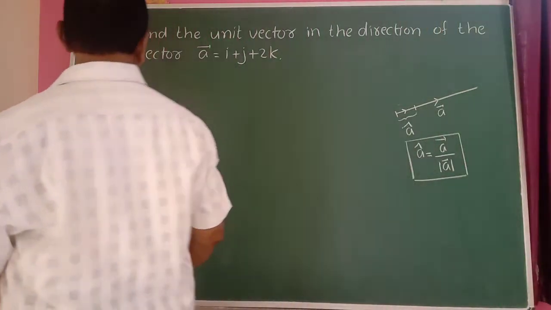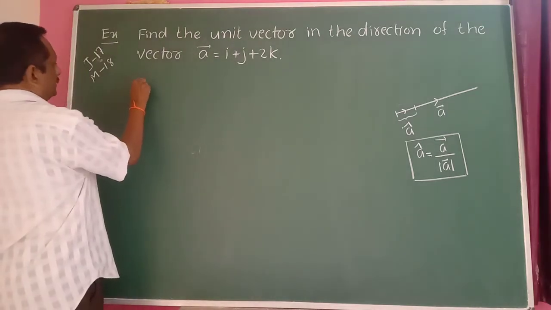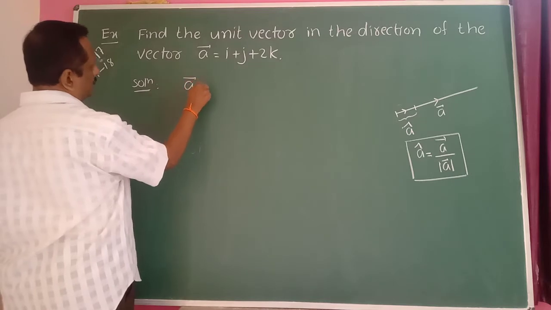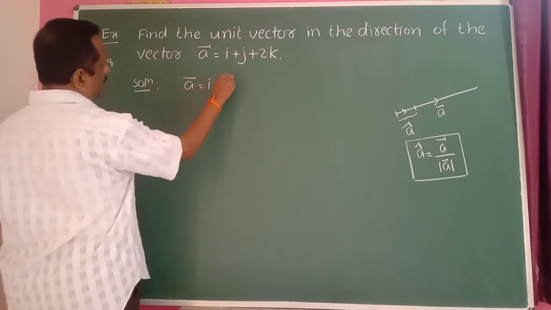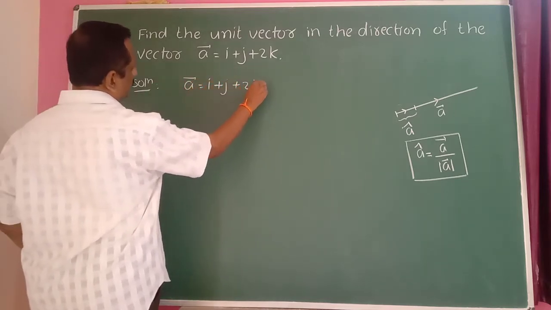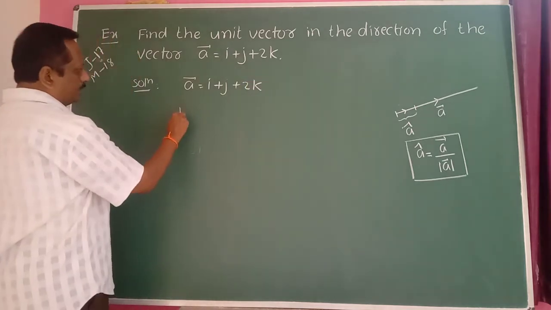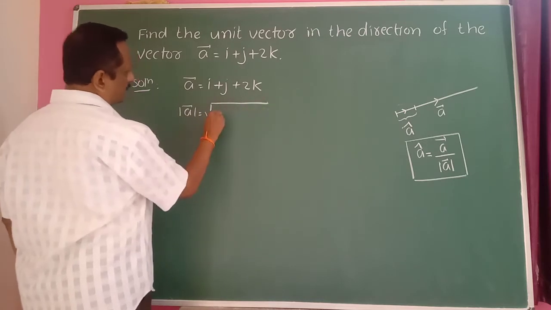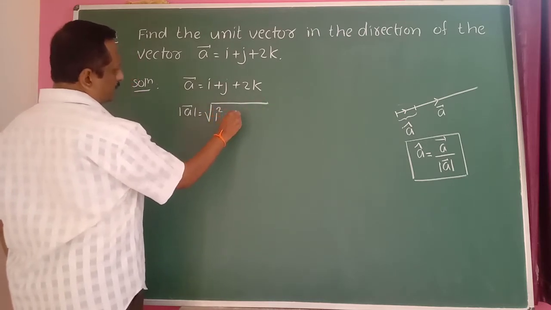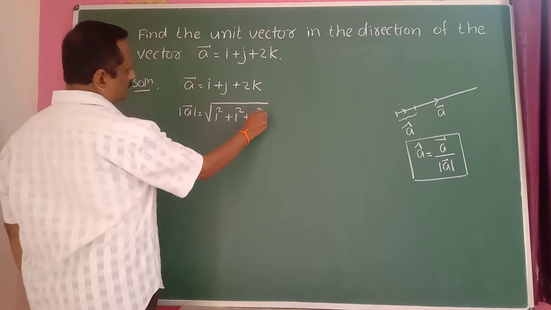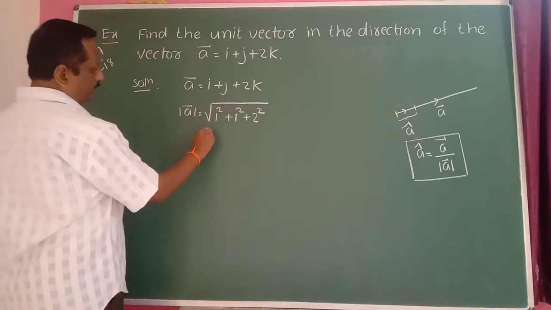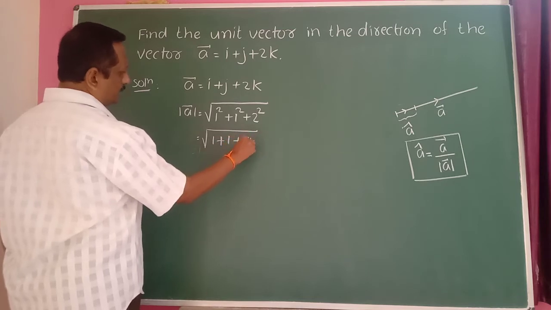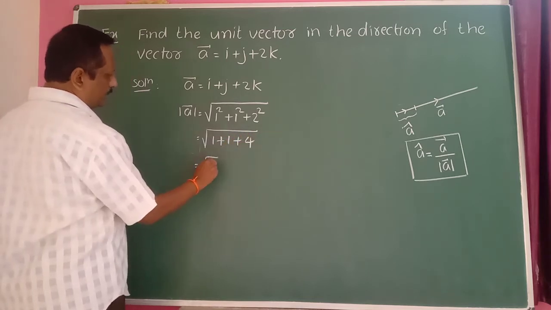Take the solution. Here a bar is i plus j plus 2k. Then find the modulus. Modulus of a bar is given by the root of 1 square plus 1 square plus 2 square. Therefore, root of 1 plus 1 plus 4, it is root of 6.